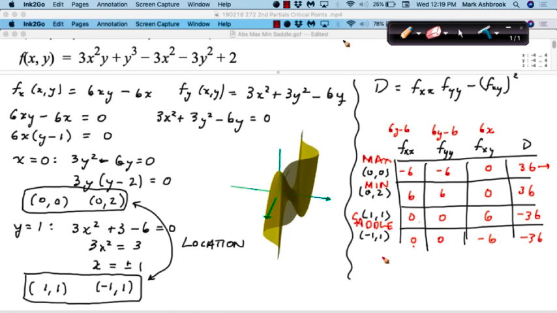If D was negative, that automatically meant you had a saddle point. So we had two saddle points in this function, (1, 1) and (-1, 1). Then we had the max at (0, 0), right there on the z-axis, and the min at (0, 2), which was out on the y-axis, right there.